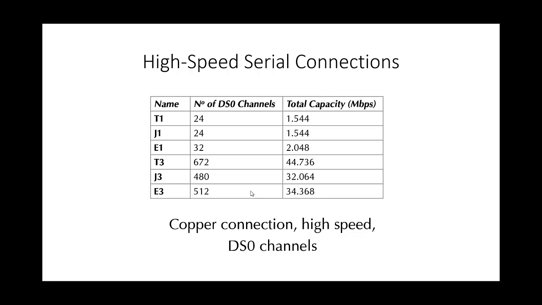Bundles of DS0 channels smaller than T1, E1 or J1 are available, and they're referred to as fractional T1, E1 and J1 respectively. Although the T, E and J designations applied to copper cable originally, the T3, E3 and J3 bundles are generally provided over fibre-optic cable.